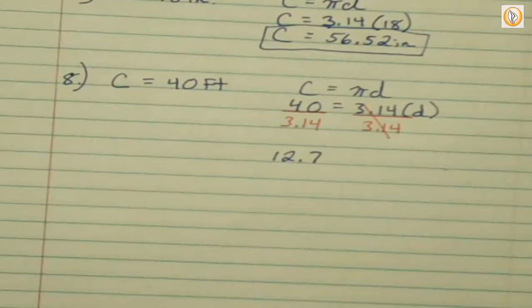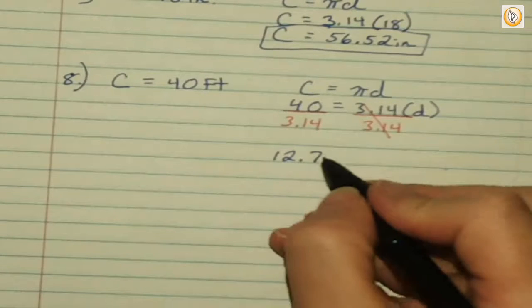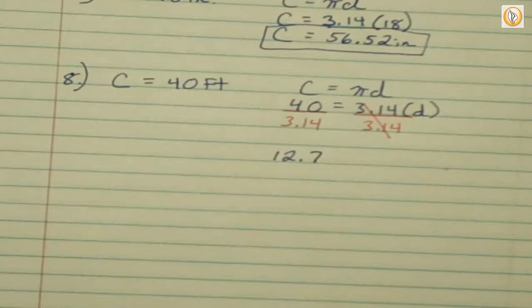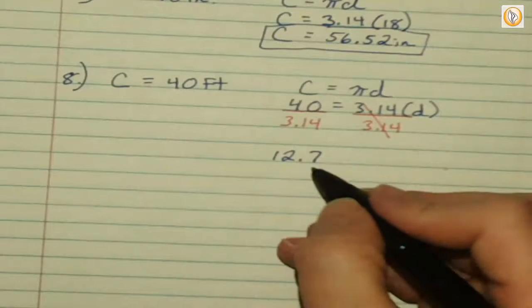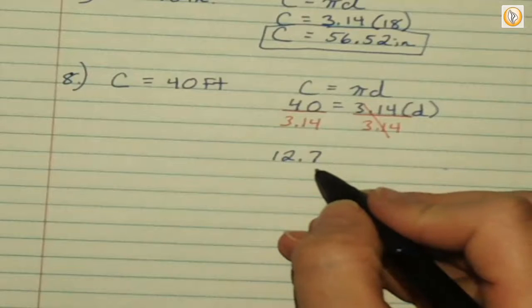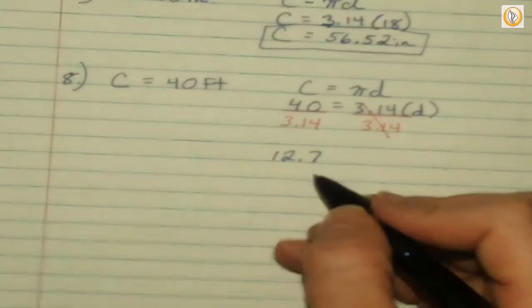Yes, ma'am. Let me see what you got. I got 12.73888535. So I rounded the 3 up to 4 because 8 is right there. And it says round to the nearest tenth. Oh, that's what you have to do. So we're at the tenth, right? Yes, ma'am. So then we're good.